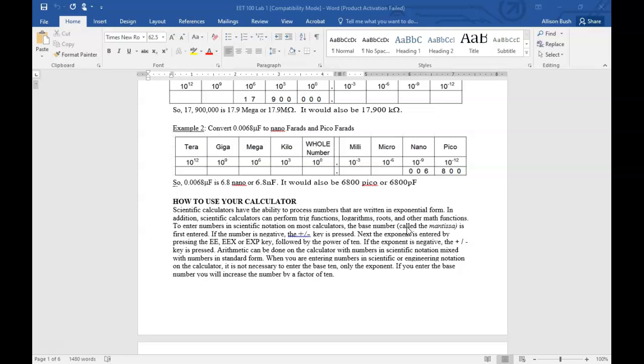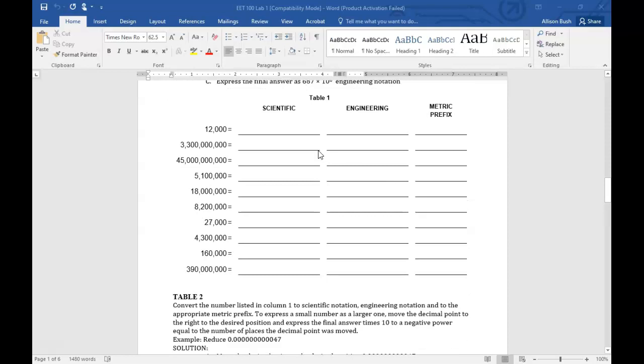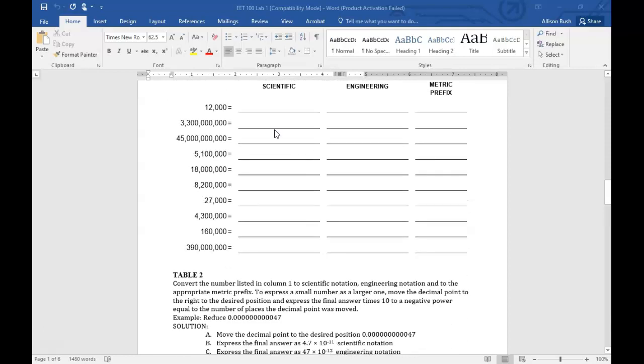Okay? Any questions on that so far? No? So let's put it into a bit of practice here. Okay? So scientific notation, what should this particular one be?